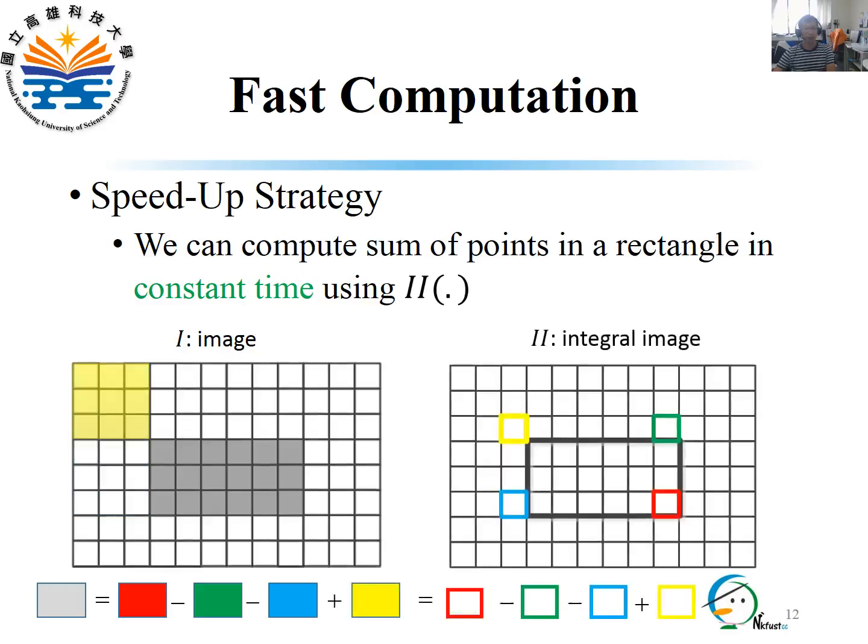The sums over points in these four rectangles are respectively equal to the red, green, blue, and yellow points in the integral image. Accordingly, the sum of points in the gray rectangle equals the red point minus the green and blue points and plus the yellow point in the integral image. In other words, computing the sum of points in any rectangle only needs 2 subtractions and 1 addition.